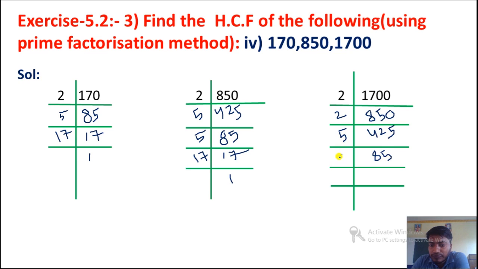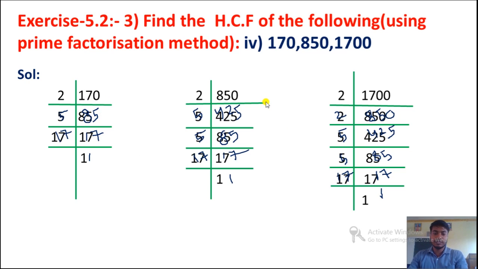Again it will go by 5, 5 1s are 5, 3 left, 3 5 is 35, 5 7s are 35. Now it will go by 17. Okay, 17 one time. So this is the prime factorization of 170, 850 and 1700.